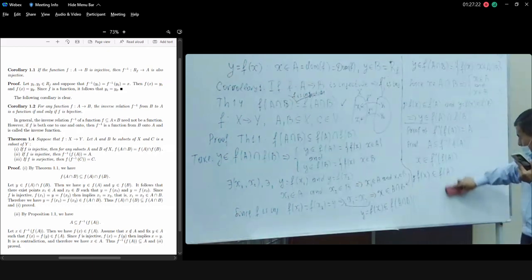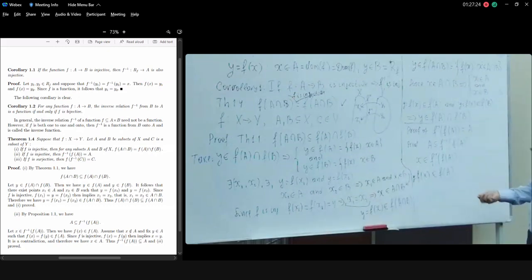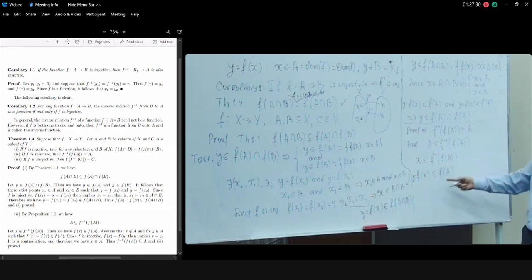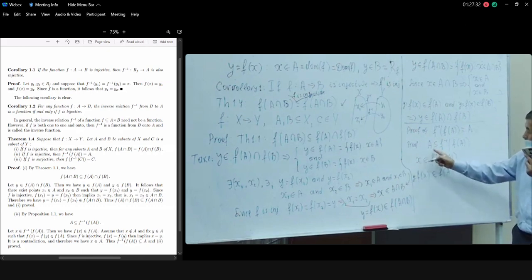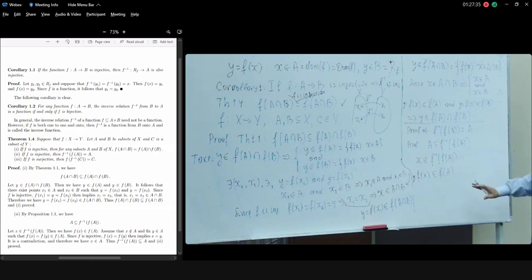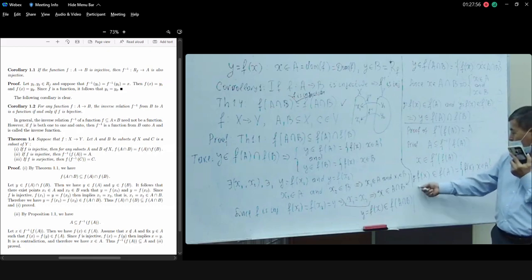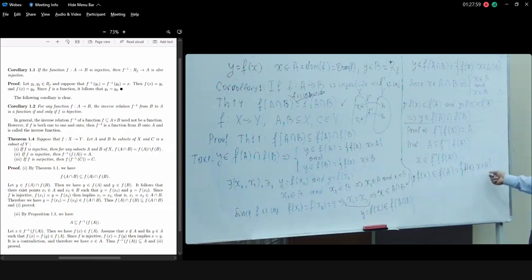So I think there is no way to show it directly that X is an element of A. Actually, by definition, it is all elements of X such that X belongs to A. But here we have an element of Y, here we have an element of A.